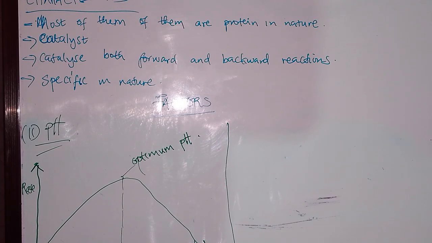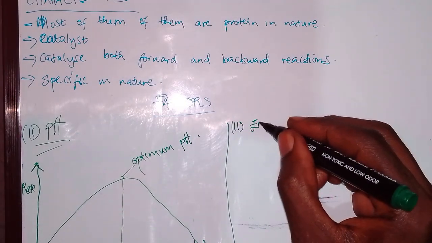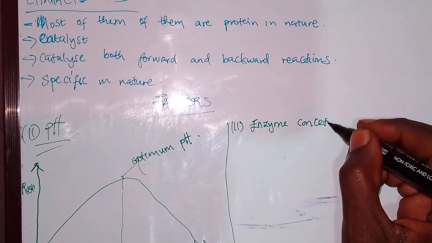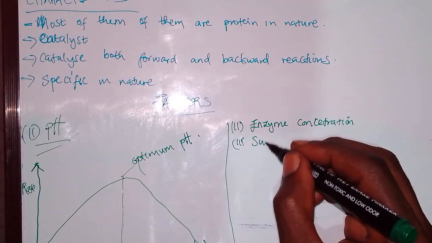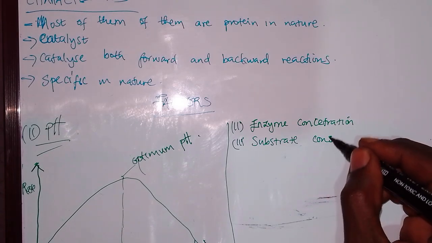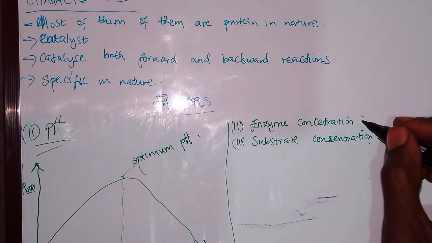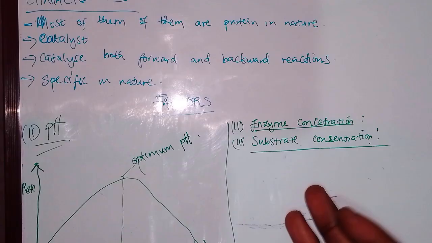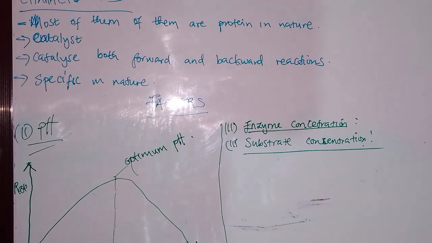Then we have the other factors like enzyme concentration, we have substrate concentration, so what is the meaning of these two and how do they affect the rate at which an enzyme works?